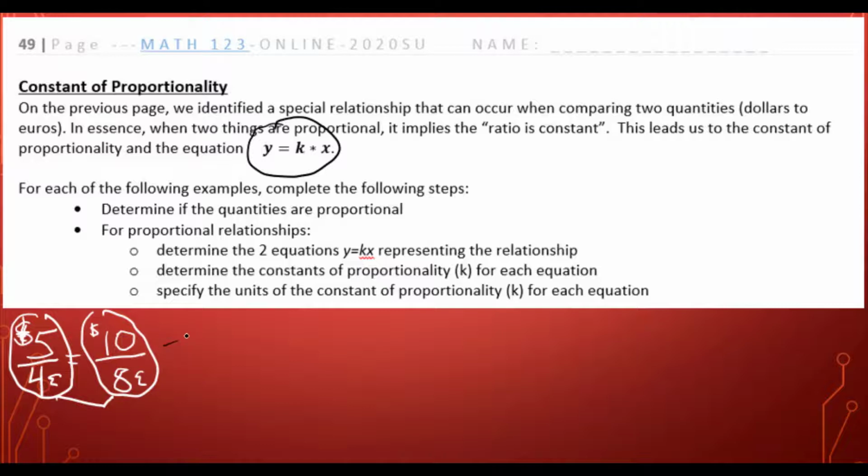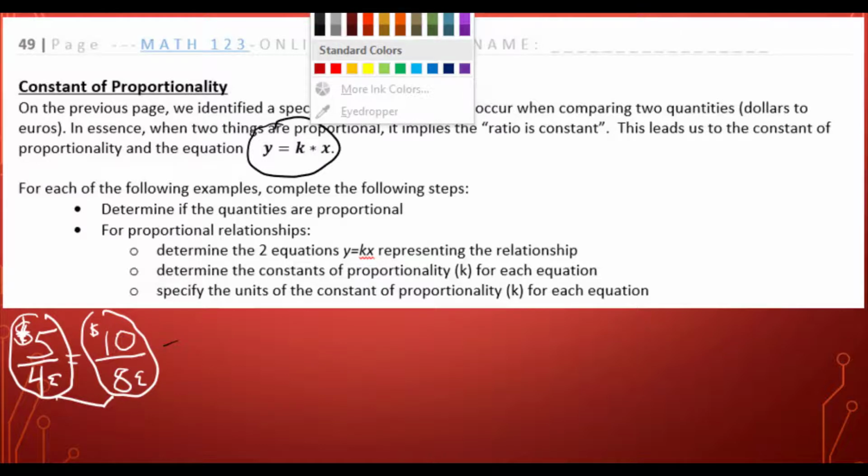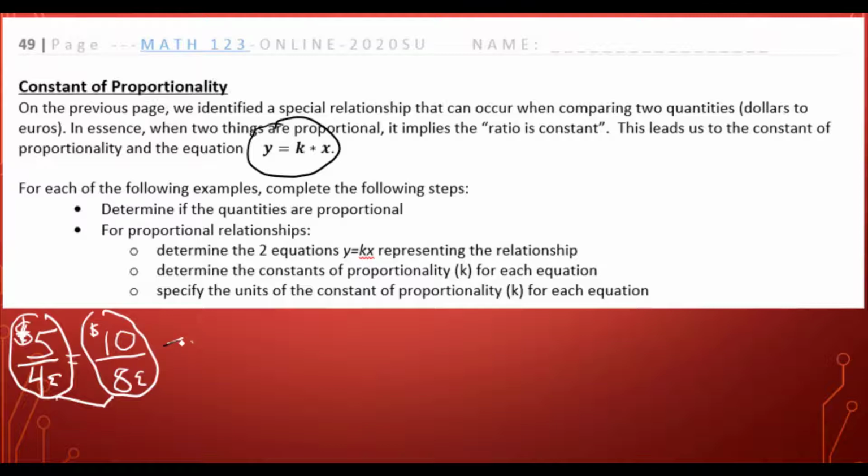In fact, if you keep going, every relationship is going to be proportional to the other relationship. $20 is 16 euros. I can cut 5 in half and go $2.50 is the same as 2 euros, right? Notice every solution is going to be the same. They're all equal. It's like a ruler, right?